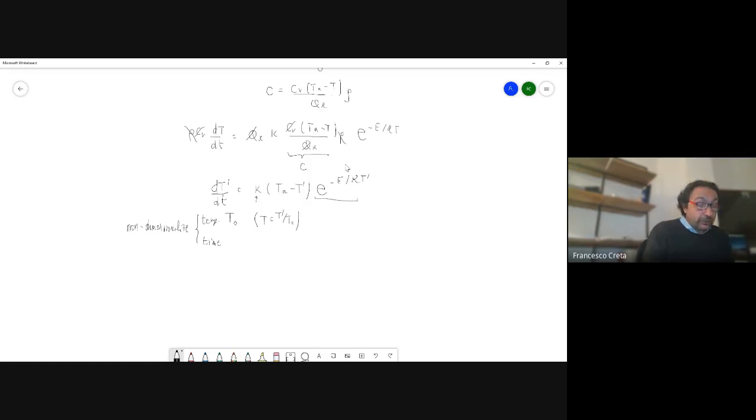So K to the -1 would be an obvious choice, or we can use the whole exponential to the -1. And so the new time will be the old time, we can call it t prime, divided by this thing here, e over RT to the minus 1.